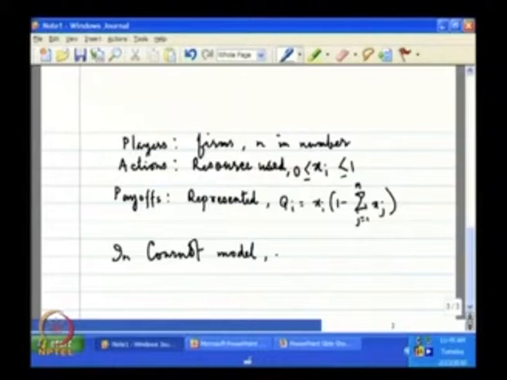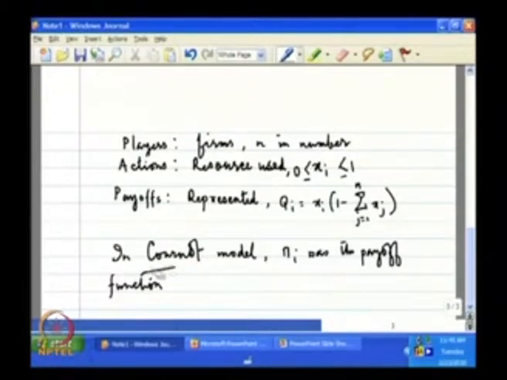So, maximizing pi was the payoff function which they were maximizing, and it was given by qi multiplied by (alpha minus c minus q1 minus q2 and so on).